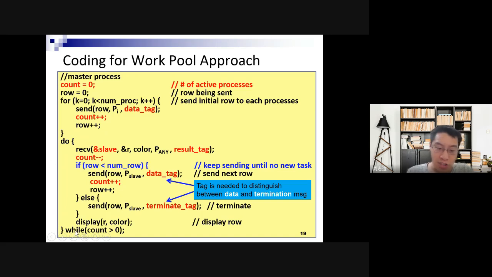Then the master can exit this while loop and terminate the whole program. Okay, so you can see the master and the slave need to coordinate among themselves in order to correctly determine the termination condition. Okay, so this is an example of how you could implement a dynamic scheduling strategy on your own.